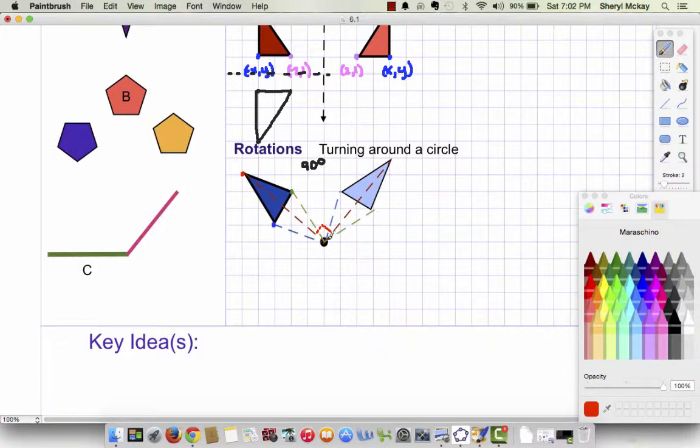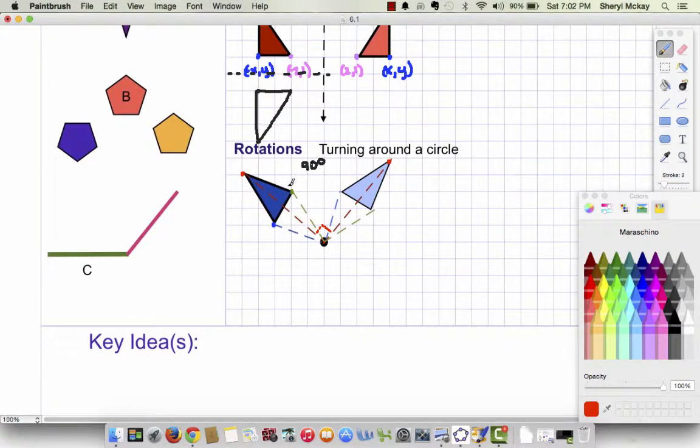It has to be the same distance from here to here and from here to here, like a radius. We're going to take it and shift that whole radius 90 degrees, and we're going to make our new point, which is right here. So we've taken this red point and we've rotated it 90 degrees around to here.